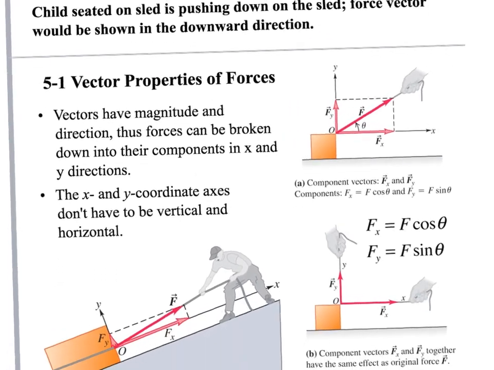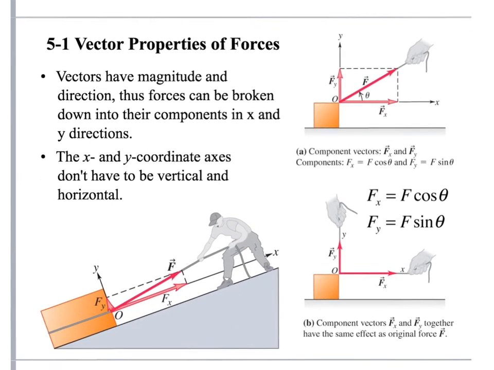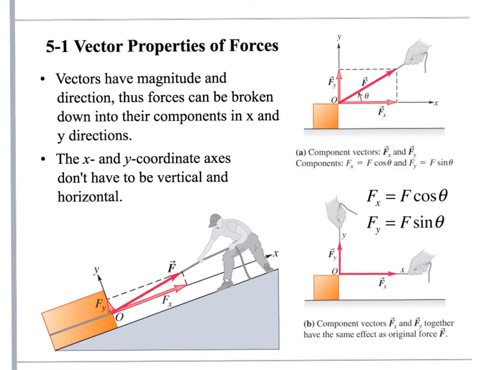So some vector properties, just a little refresh. Vectors have a magnitude and a direction, so they're broken down into their components. We see the same thing here. We see our force vector, and then we see the components, F of x and F of y. And our frame of reference, or our free body diagram, is right here. That's what we want to look at, in the same way that we looked at the vectors in chapter 3.